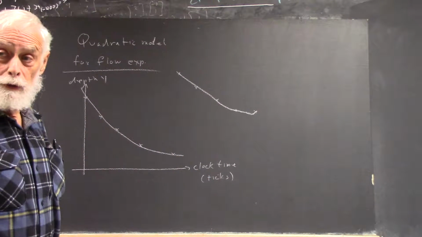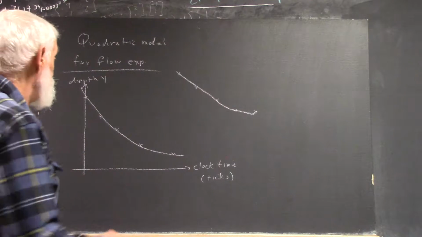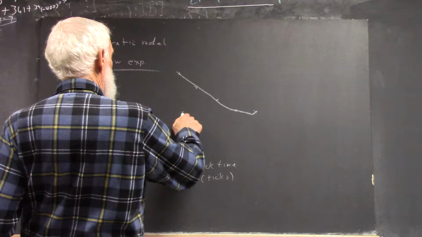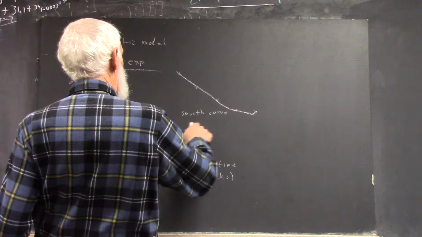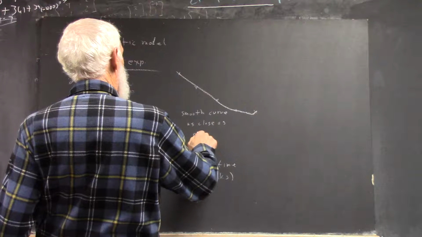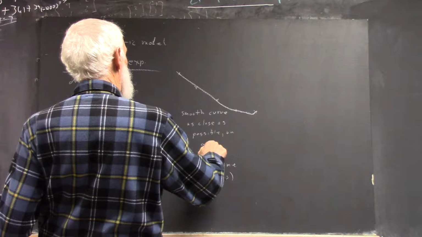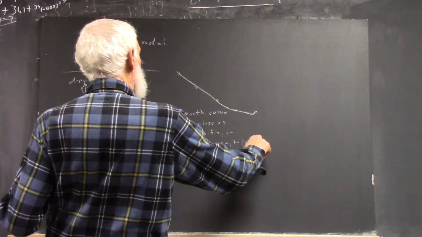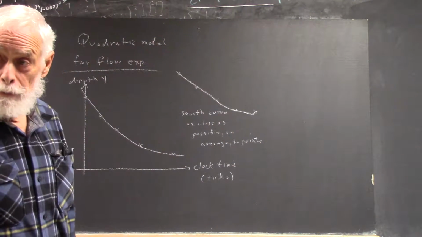You don't try to hit the points, but you try to get as close as possible on the average to your points without changing direction and wobbling around.